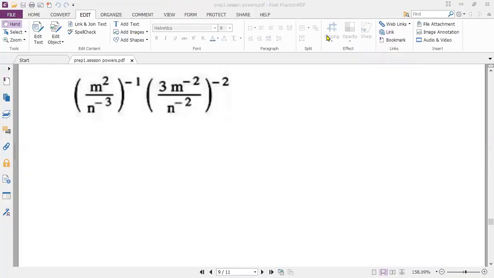We have here m to the power of 2 over n to the power of negative 3, all raised to the power of negative 1. This power is distributed on all components of this expression. So it's m to the power of 2 times negative 1 equals negative 2 over n to the power of negative 3 to the power of negative 1.